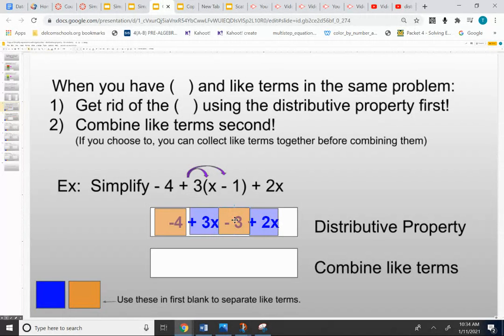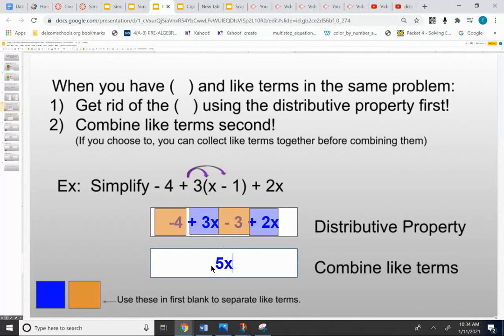Now I'm going to combine the like terms together. Guys, when we did the distributive property, we multiplied to both parts. When we combine our like terms, we're adding. Now we're just adding. So we have a positive 3x added to a positive 2x. That's going to be a positive 5x.